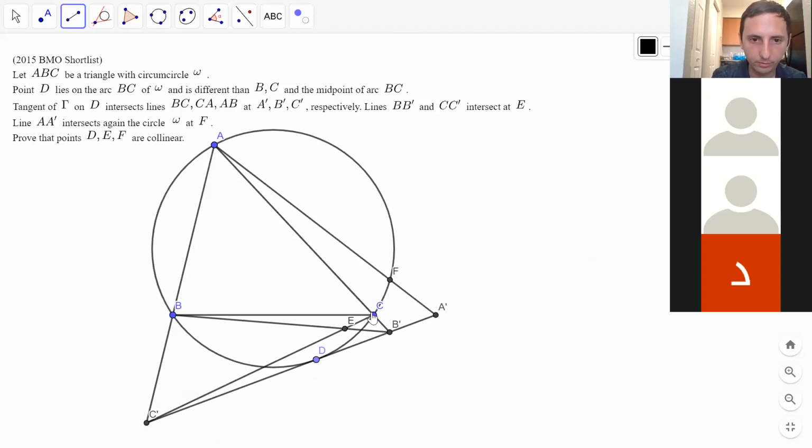Is that everything? Oh, I just need to draw that. There we go. So do we even use, oh yeah, we need all three, A prime, B prime, and C prime.